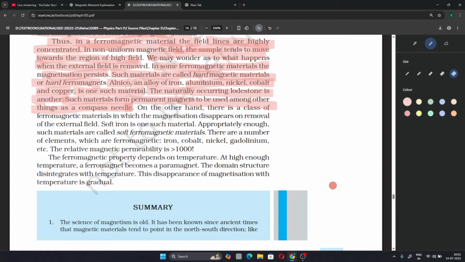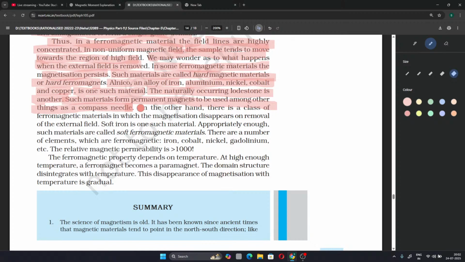Alnico, from the name itself, is an alloy of aluminum, nickel, and cobalt, along with copper as well. And there is also the naturally occurring lodestone. These two are hard ferromagnets. These materials form permanent magnets to be used among other things as a compass needle.